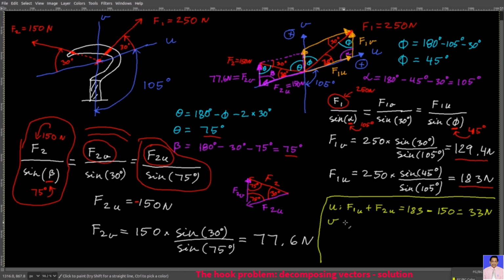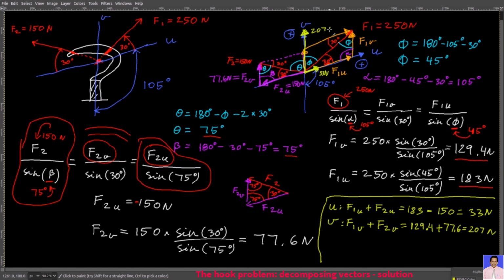And then along the v-axis, you have F1v plus F2v, so you have 129.4 plus 77.6 equals 207 newtons. So the net force in the u direction, that's 33 newtons, and then in the v direction, it's 207 newtons.